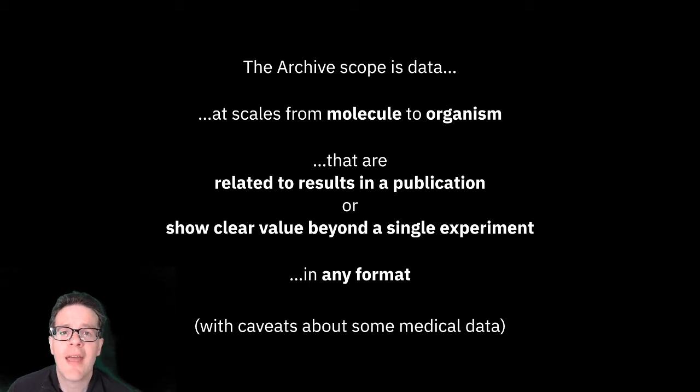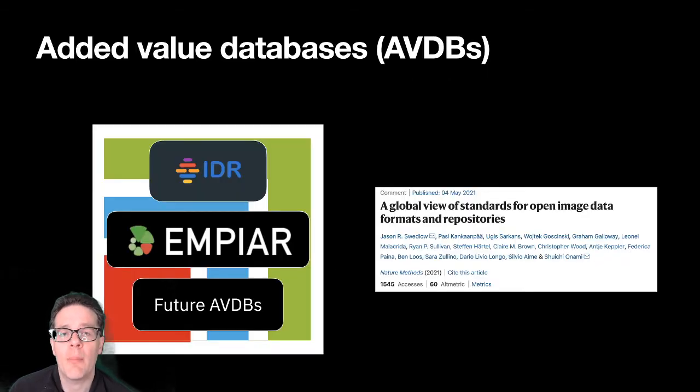The archive has another purpose, which is to support added value databases, or AVDBs, which are resources focused on particular communities, particular categories of data that build on the core data and add extra use to that data.